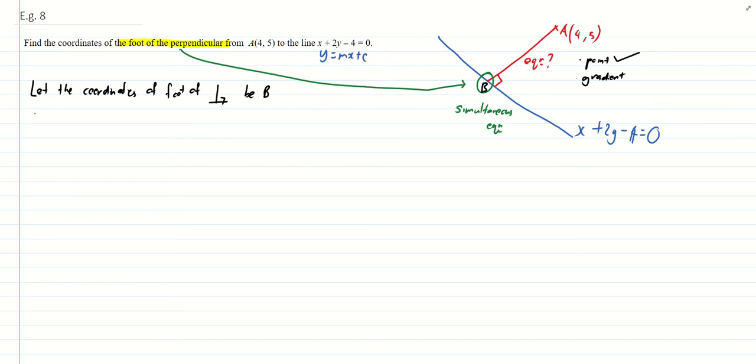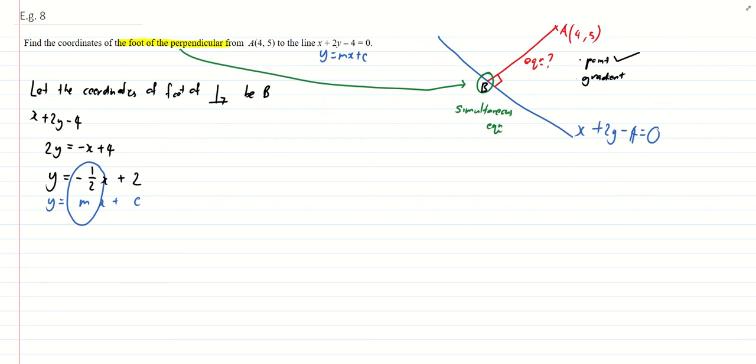So we have x + 2y = 4. Make y the subject. So I have 2y = -x + 4. Divide by 2 throughout. I have y = -1/2 x + 2. So now, given that I have the form y = mx + c, we know for a fact that the gradient of the blue line is -1/2.